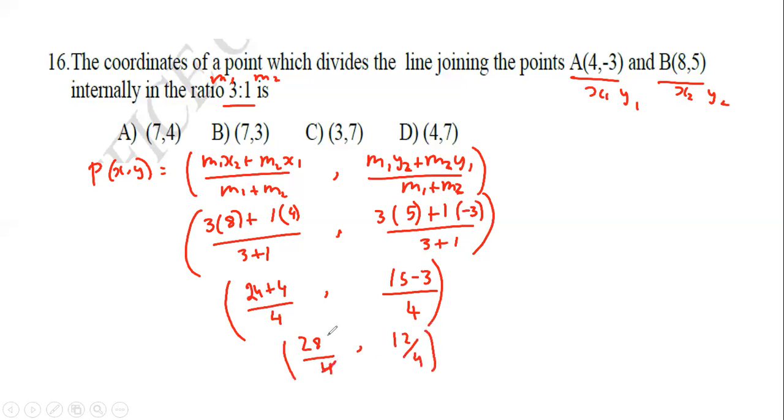Cancel this one. 4 7s are 28, 4 3s are 12. So what is the answer? 7 comma 3. Which option is right? Option B is correct. I hope all of you understood this one. Next question.